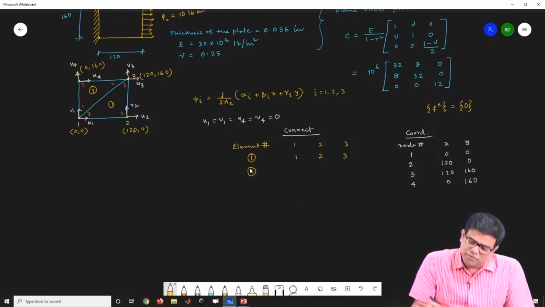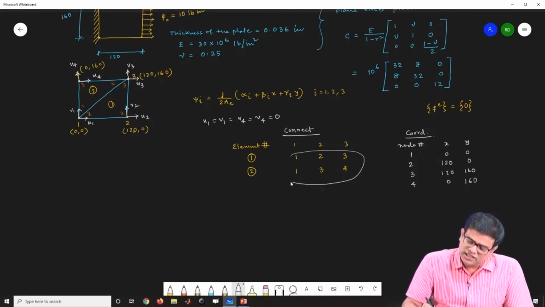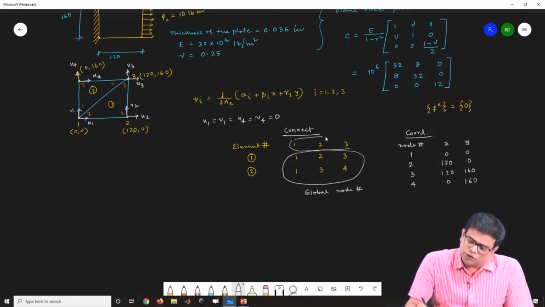For element number 2 it is 1 3 and 4. These things are global degrees of freedom, global node numbers essentially, and the headings are the local node numbers.